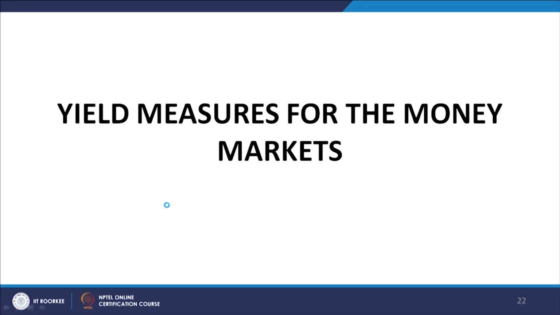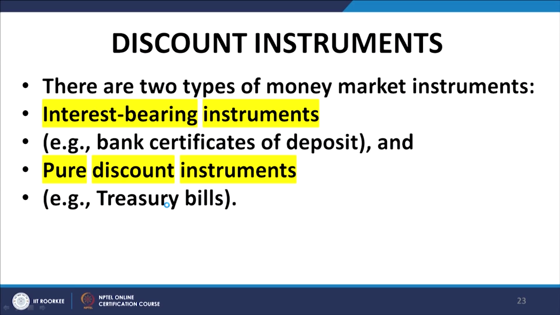Now, before we take up these instruments in detail, it is important to discuss the nuances of money markets in terms of the measures of yield that are frequently employed in the money markets. So, in the money markets we have two types of instruments traded. Number one, discount instruments, where instruments are issued at a discount to face value and are redeemed at face value.